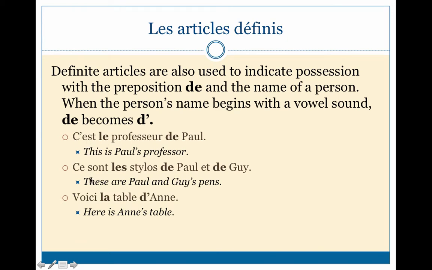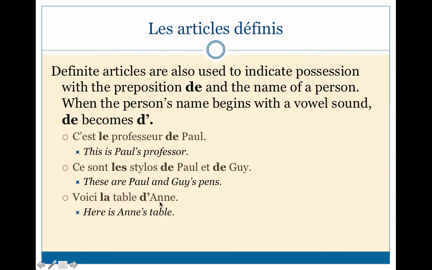C'est, or ce sont, or voici, here is, okay? So you have your introduction there. You have your definite article, the thing that is possessed by the person, and then a form of de. So de Paul et de Guy. Or here, because we have a vowel, d'Dan.